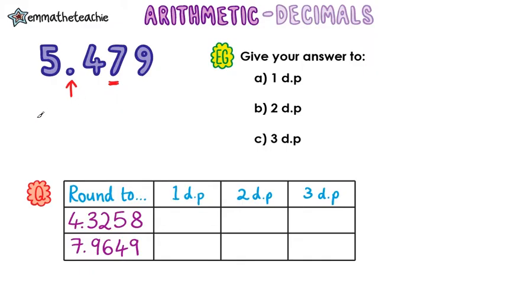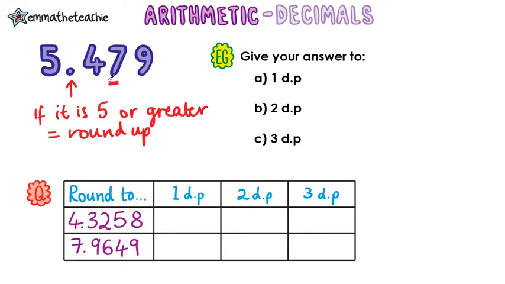And the rule is, if the number is 5 or greater, i.e. 5, 6, 7, 8, or 9, then you just round up. So in this case, we've got a 7, which is greater than 5. So it's going to make the 4 round up and become a 5.